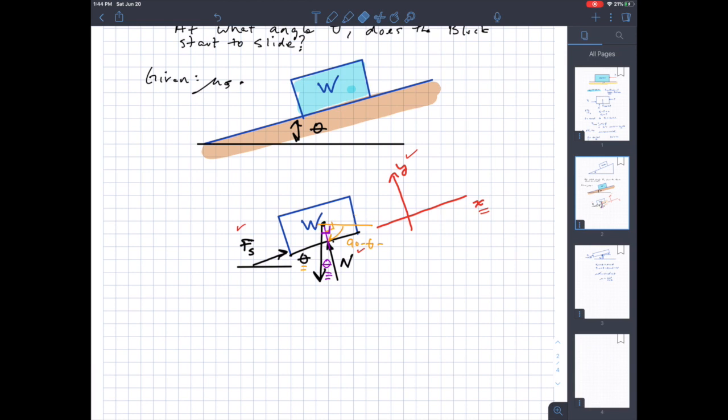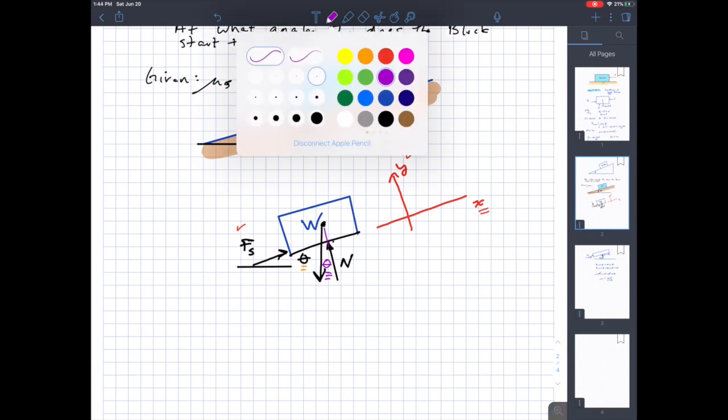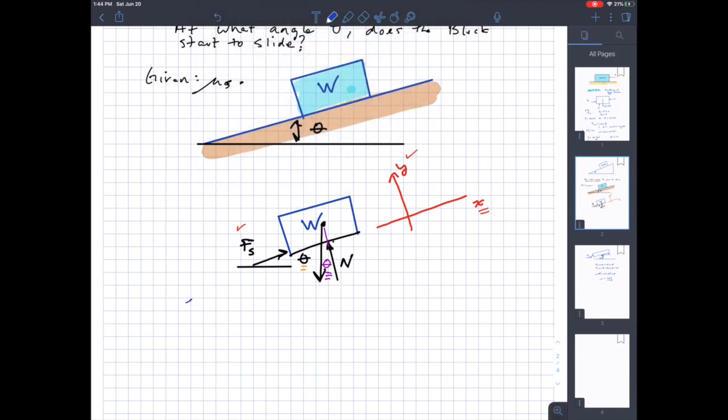I'm going to erase all those extraneous marks and clean this up a little bit, and basically we are resolving W into the coordinate directions. Sum of forces in the x direction, where this is the x direction shown by this coordinate system. I have Fs working to the right. I can put things that are working to the right equal to the things that are working to the left.